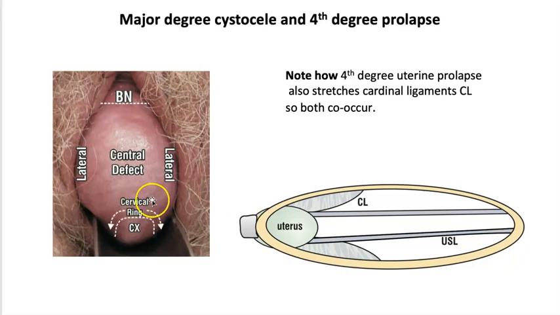And you can see here, there's the cervix, and you can see that the vagina is going down laterally, as I showed you earlier, and also the whole thing's come out. This patient also has a central cystocele. Central cystocele always has a transverse defect cystocele as well.